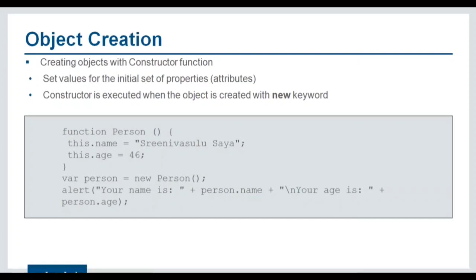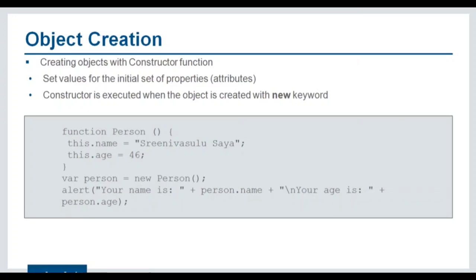Now, properties of this object will always be preceded with a keyword called this. What does this mean? This means the current object that you are creating, like the way we have in many object-oriented languages called a constructor. So if anybody is a Java developer, they would directly feel that this is something like creating a constructor.